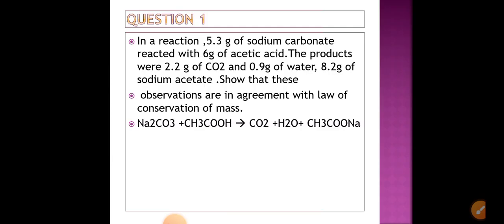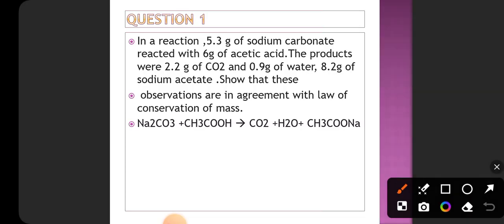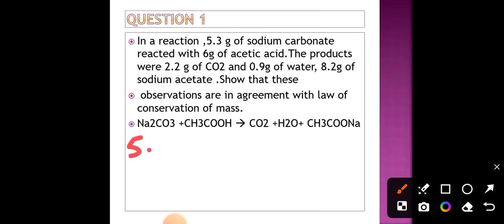So the information is already given to us, all the grams or amounts of the reactants and products which are formed. We only have to add them and check whether this law is applicable or not for this particular reaction. So how many grams of sodium carbonate are given? He has given 5.3 gram of sodium carbonate and 6 gram of acetic acid.